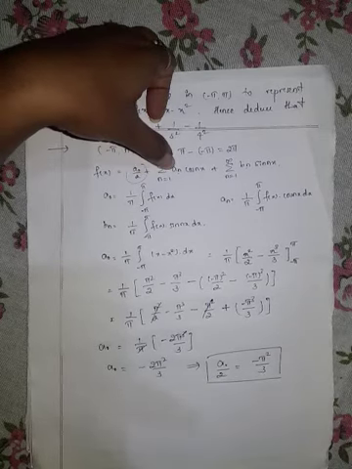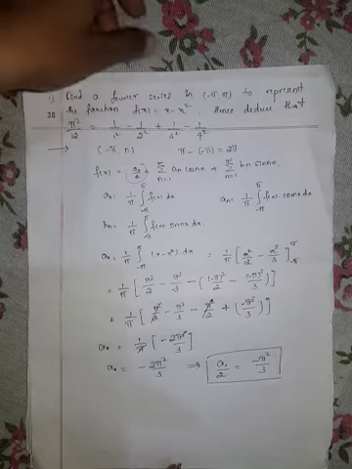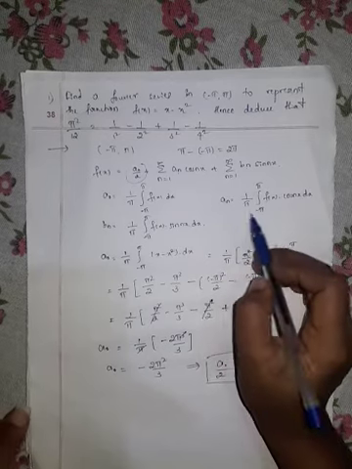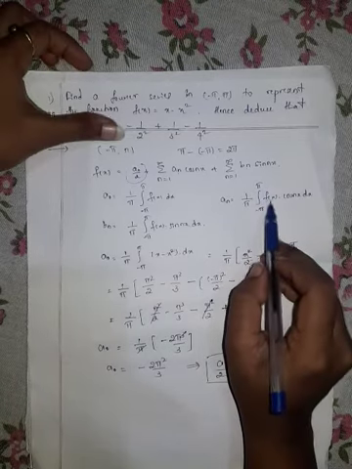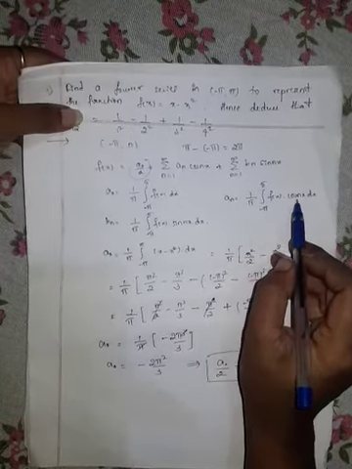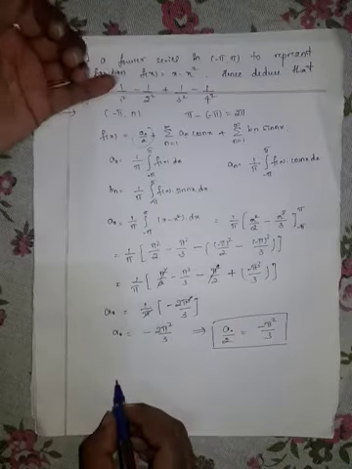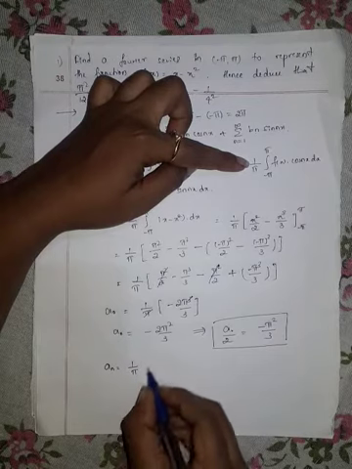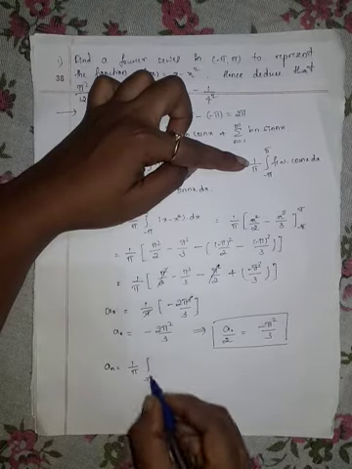Next we will find an. So here an is nothing but what? 1 by pi integration from minus pi to pi f of x into cos nx dx. So an is equal to 1 divided by pi integration from minus pi to pi.